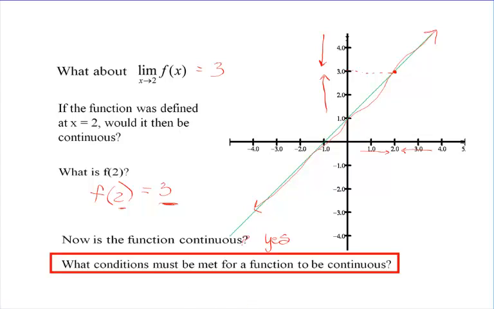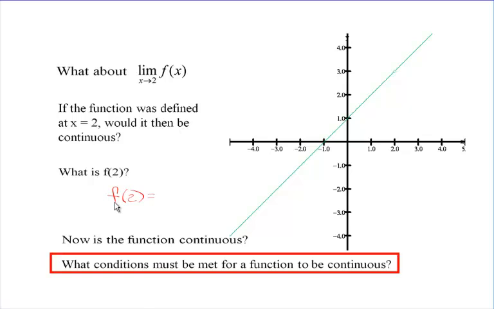Let's look at the same sort of scenario here where f of 2 is defined. We have an output at x equal 2, but it's not necessarily equal to the output that we found on our limit. Here, f of 2 exists and it equals 1. So the question now is, again, is this function continuous?